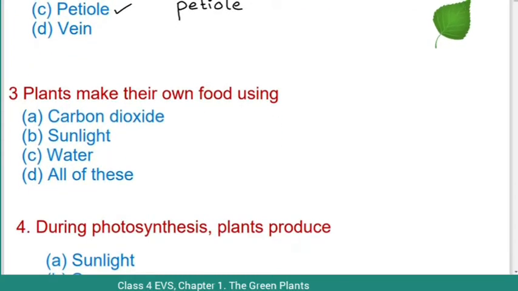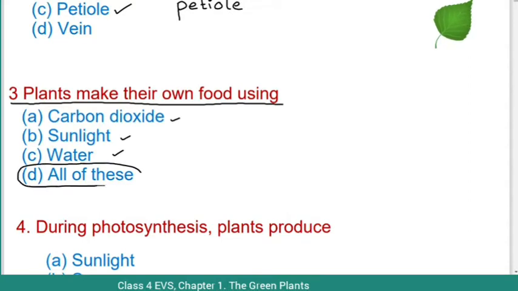Third one, plants make their own food using carbon dioxide, sunlight, water, all of these. So the correct answer is all of these because plants make their own food using carbon dioxide, sunlight and water.